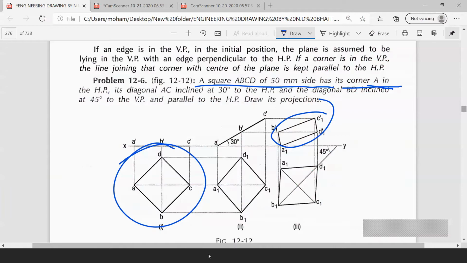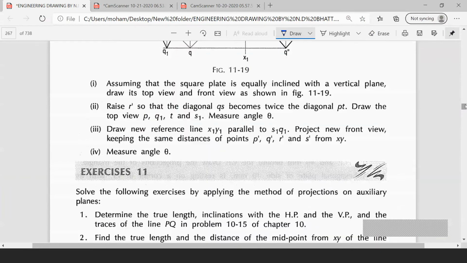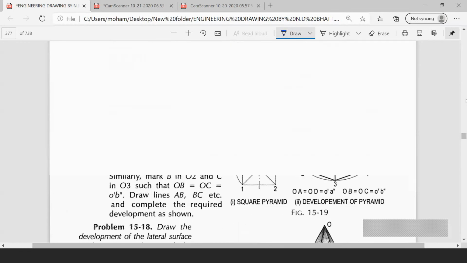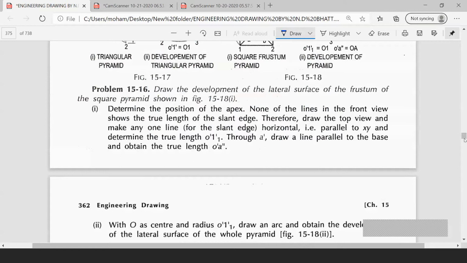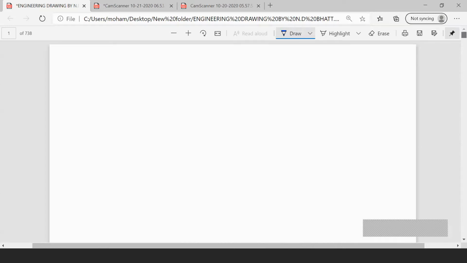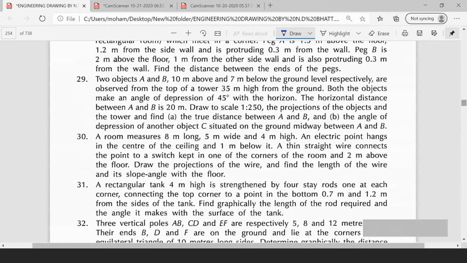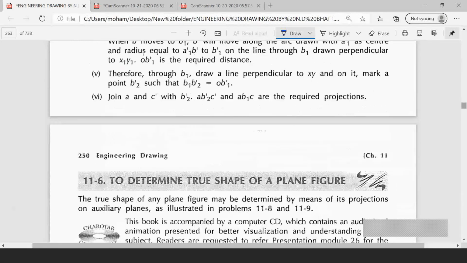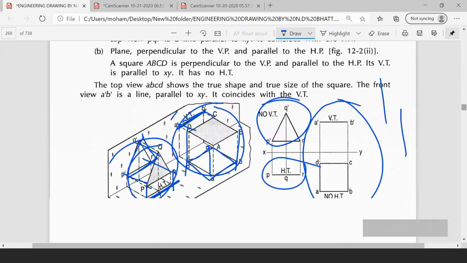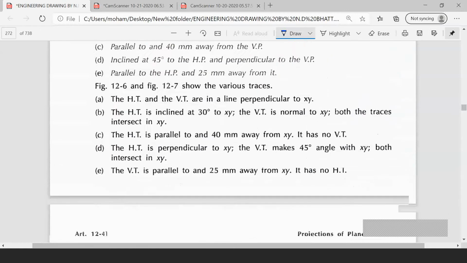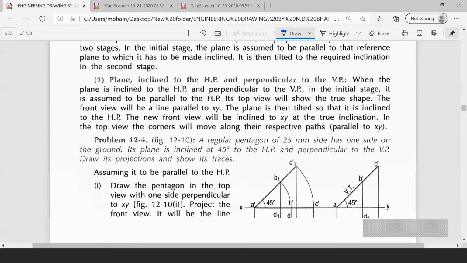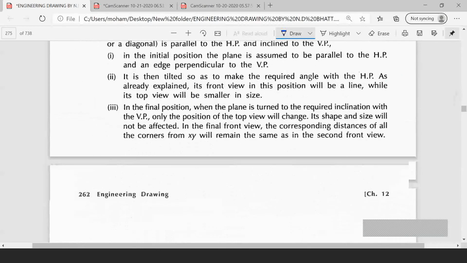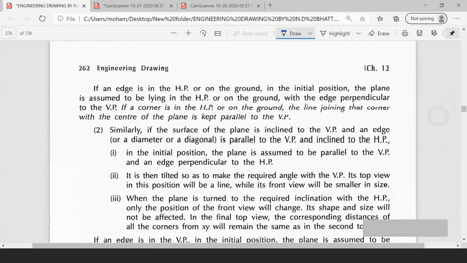It is from ND Bhatt, problem number 12.6, page number 262.